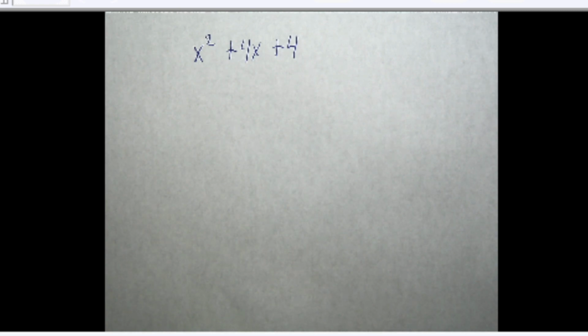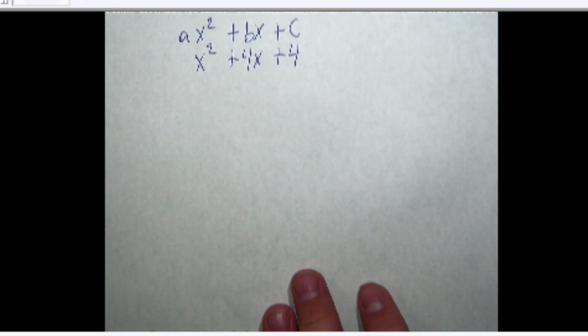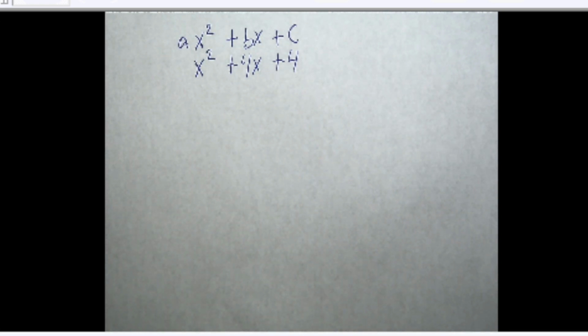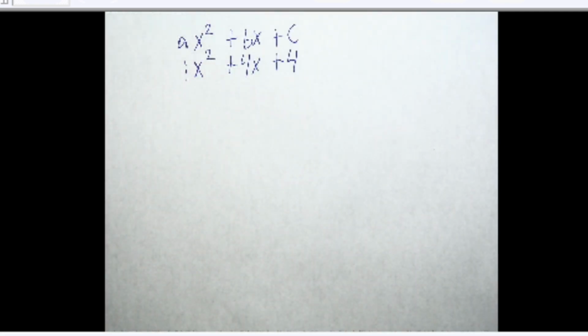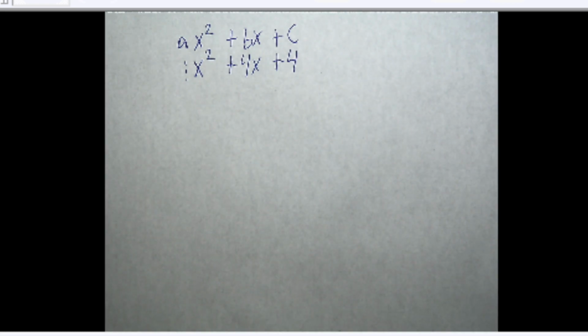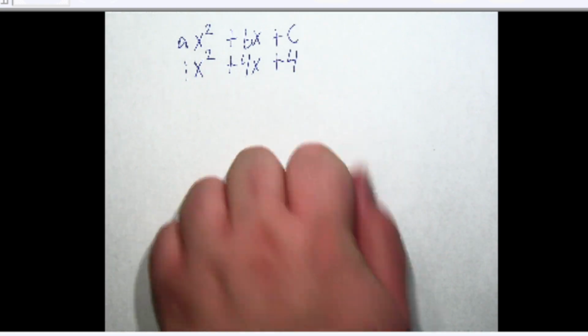But perhaps more importantly, this isn't just a trinomial, this is a quadratic, like we talked about last time. So that means that it is in the form ax squared plus bx plus c. So that means that our a in this case is 1, because remember there's a 1 in front of that x there. B is 4, and C is also 4.